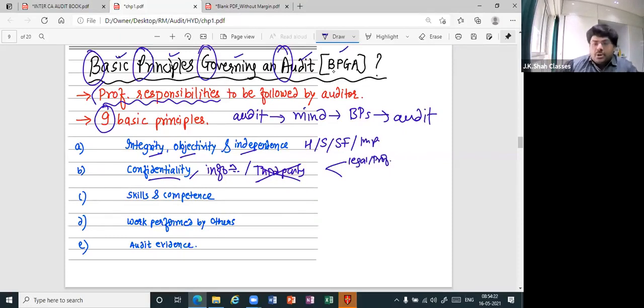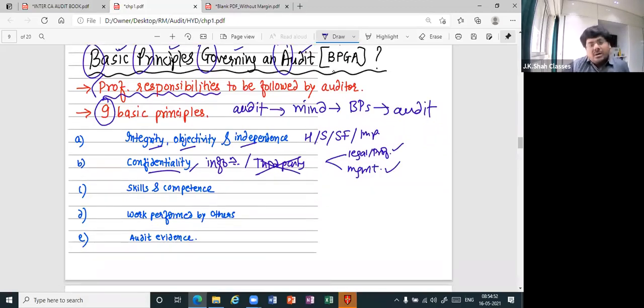Supposing the court of law tells the auditor to disclose information, then he will have to disclose it. Next, when there is the authority of the management. When management have no problem in disclosing, then I can disclose. Then it is no secret anyways. So basically, auditor should not disclose information to the third party. However, he can disclose information under any legal or professional duty, or if there is any authority of the management. All cool?